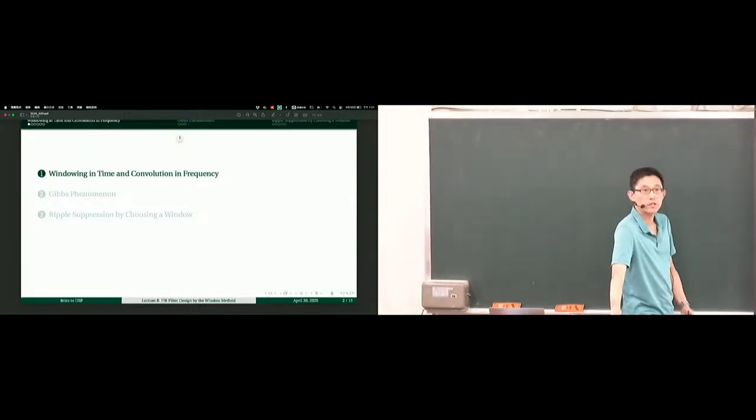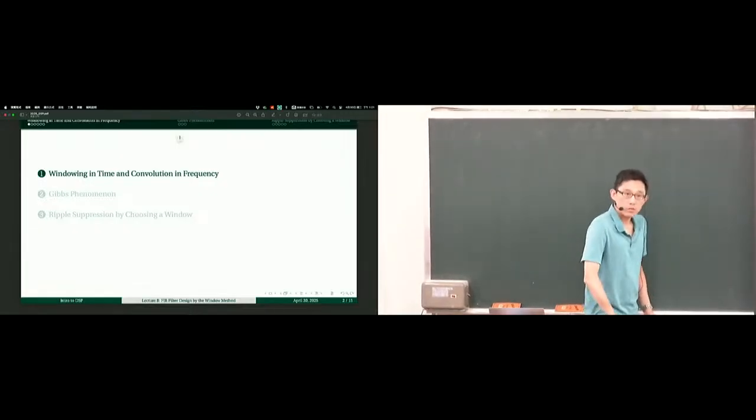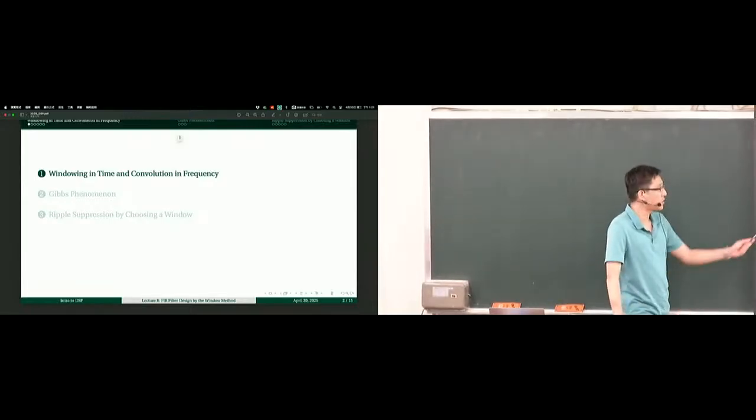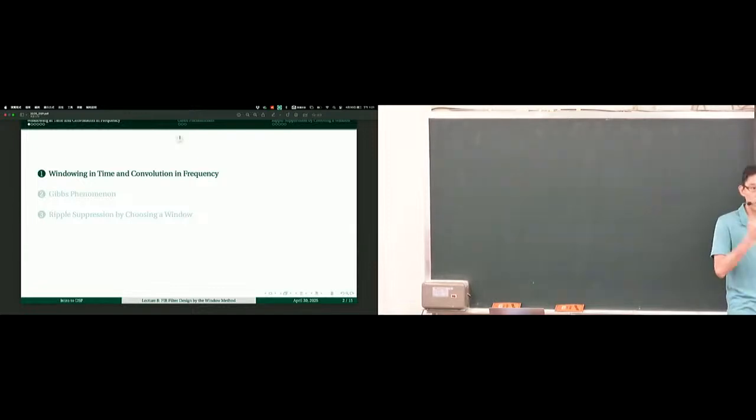Impulse response, the linear time invariant system. When you use a system, you convolve your impulse response with the signal. So that's for sure. But what could be confusing, as I mentioned last time, is that when we design, it's actually convolution in frequency. That's the way, by this concept, we can understand what's going on.